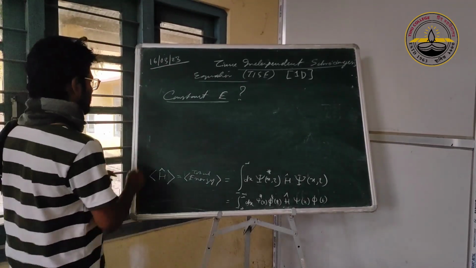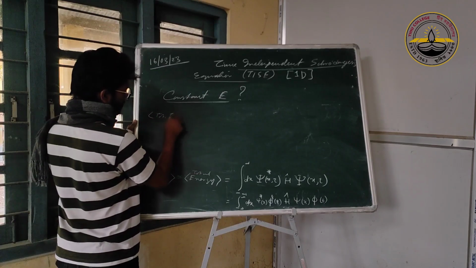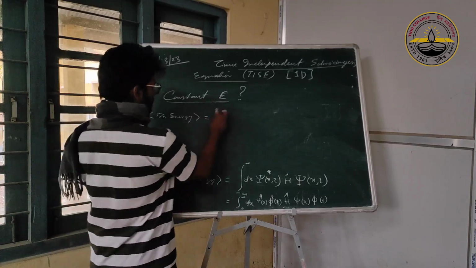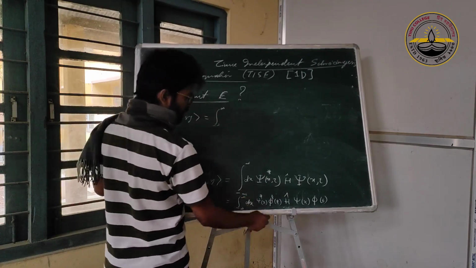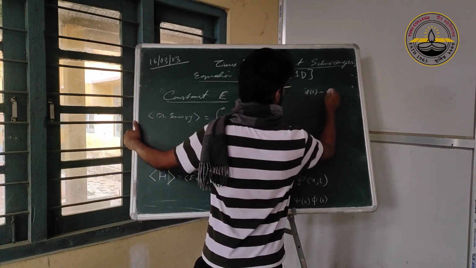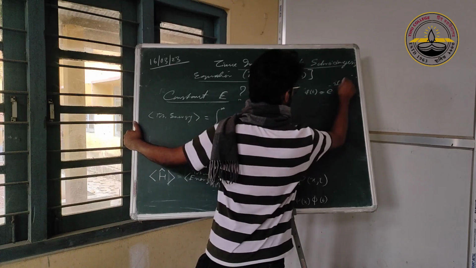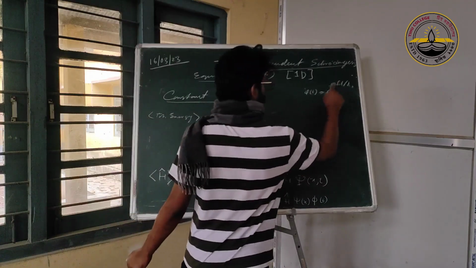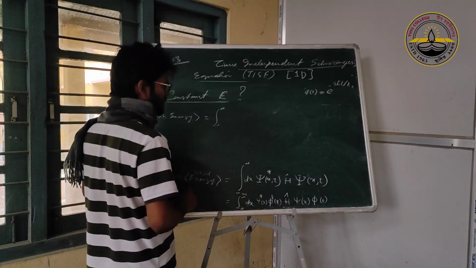Okay, so the expectation value of energy, total energy, then becomes, okay, remember, what was your phi of t? e to the power minus i E t by h cross. And I said that E must be real, and that part you will prove. You will prove that easily.